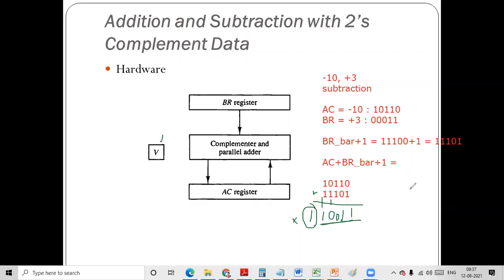And this is the result. The accumulator holds 1, 0, 0, 1, 1. Is this correct? To justify it, what we are expecting is minus 10 minus plus 3, so my result should be minus 13. Does this represent minus 13?